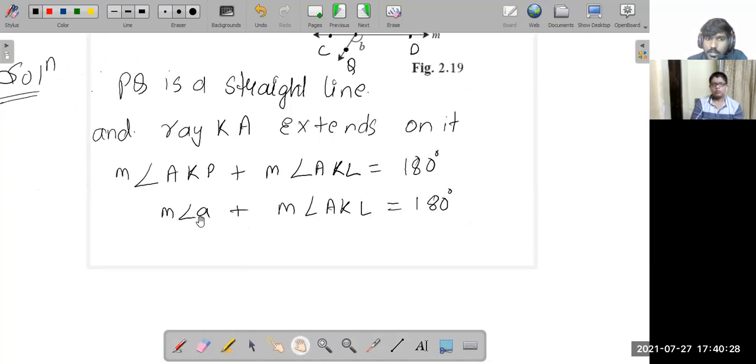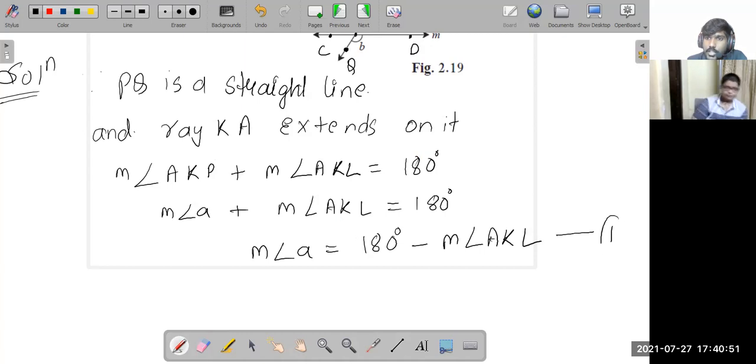So take measure angle AKL, you take it on the other side. This will become measure angle A is equal to 180 degree minus measure angle AKL. Is this clear? Name this as equation 1. Fine.